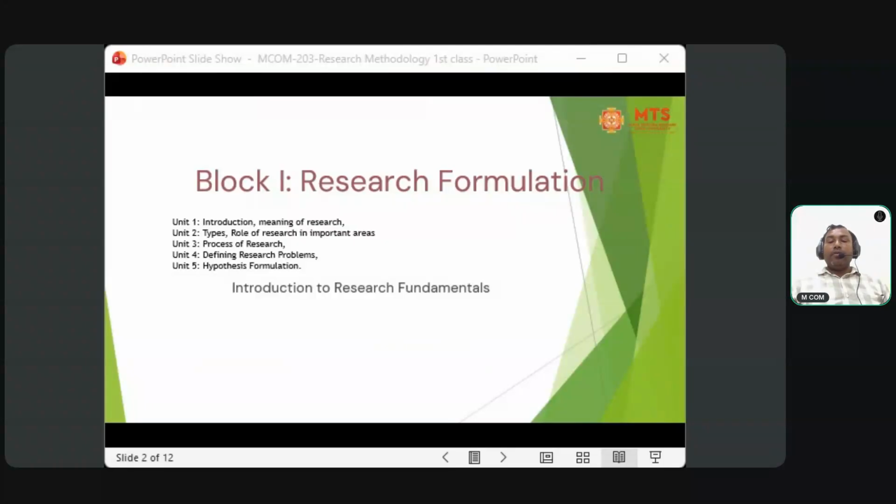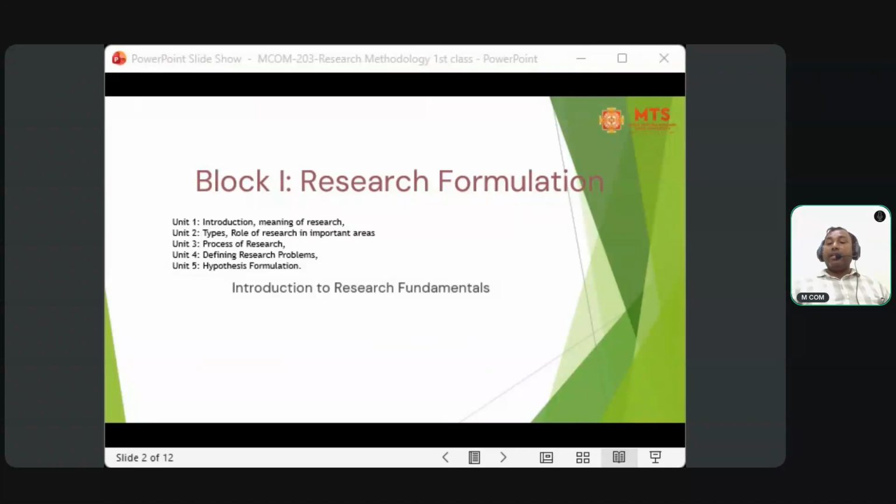Okay, and now you can also see the types and roles of research and its importance. I can also repeat this. There are types of research. There are so many types. Quantitative research.